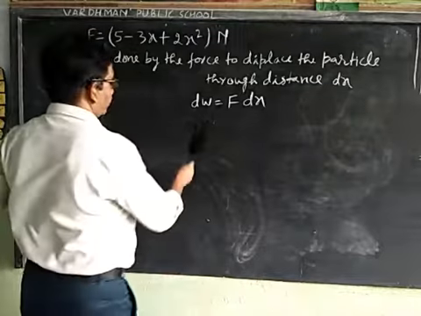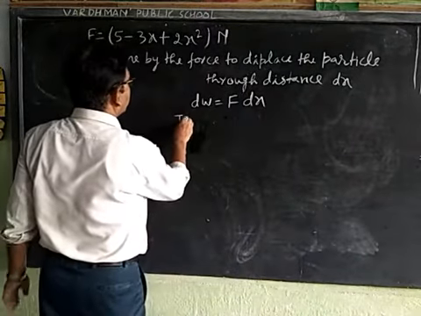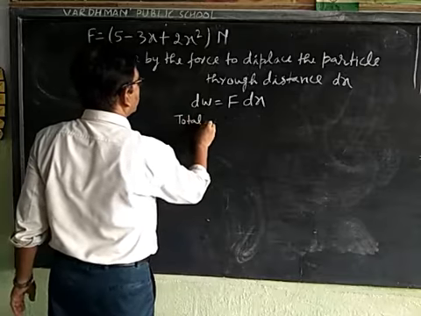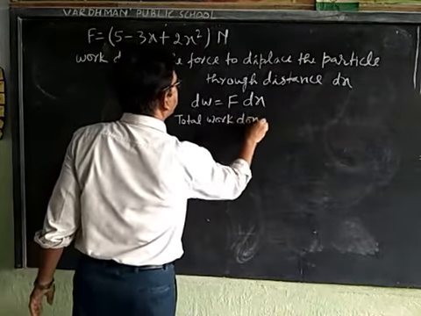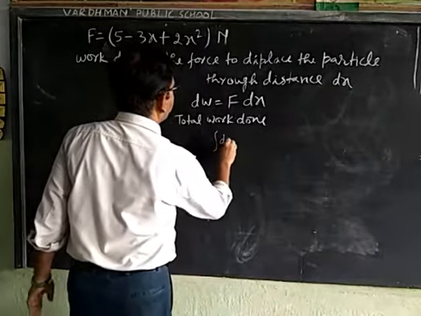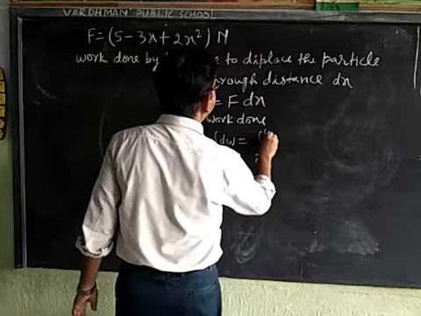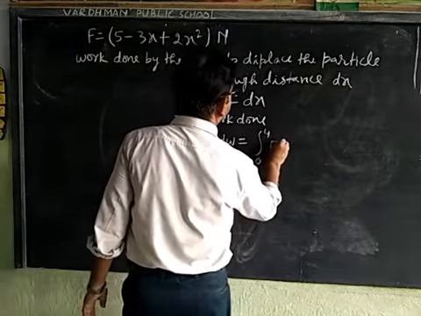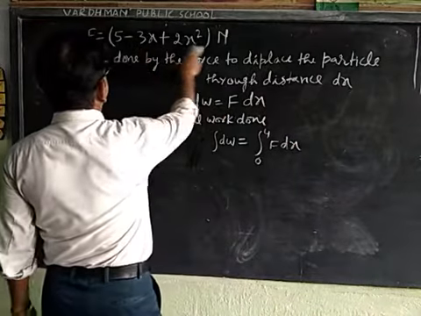Total work done. For total work done, we will integrate this. Total work done, that is dW is equal to lower limit 0, upper limit 4 F dx. What is the value of F?